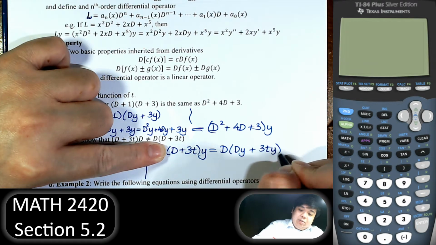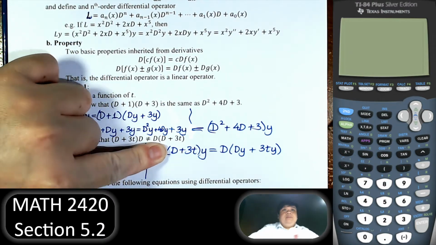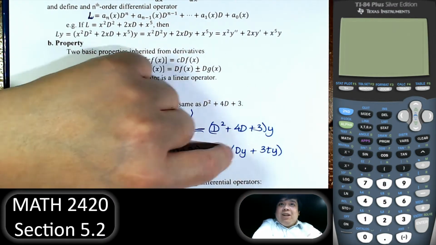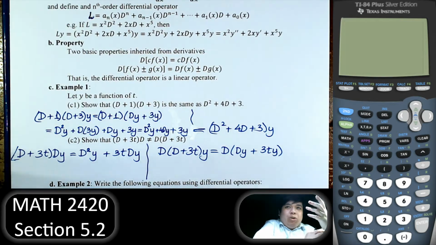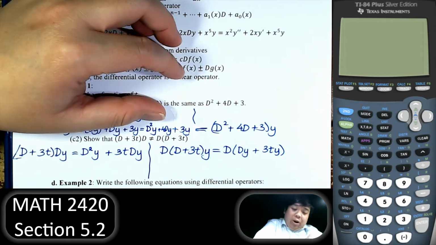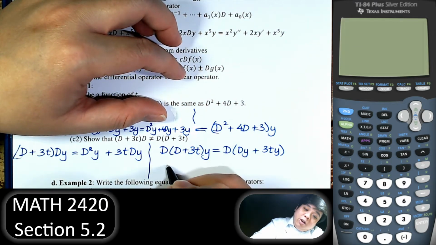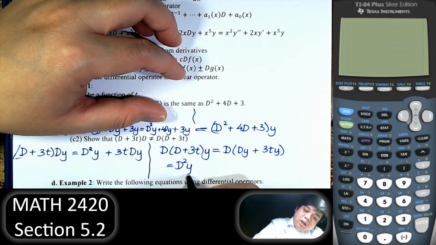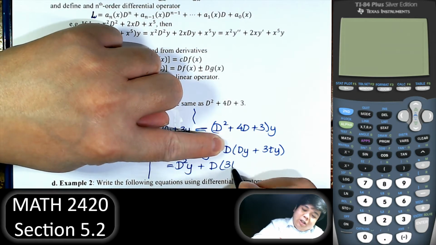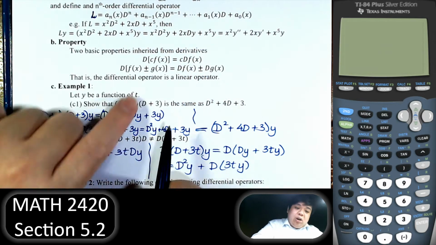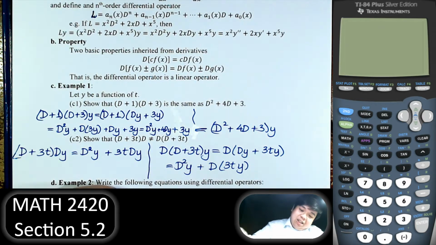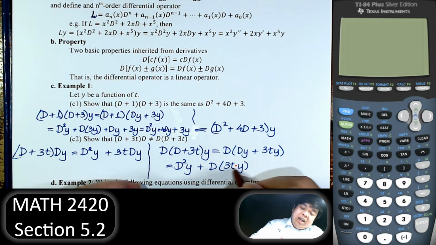Now we will take the derivative of this. Remember, D is not a variable, D is a derivative. It's like an operator, so we have to apply it. The first thing is to find the second derivative. But then we apply this to 3t and y. Notice that this works for a constant, we can take it outside. But since there is a variable here, this is the product rule.